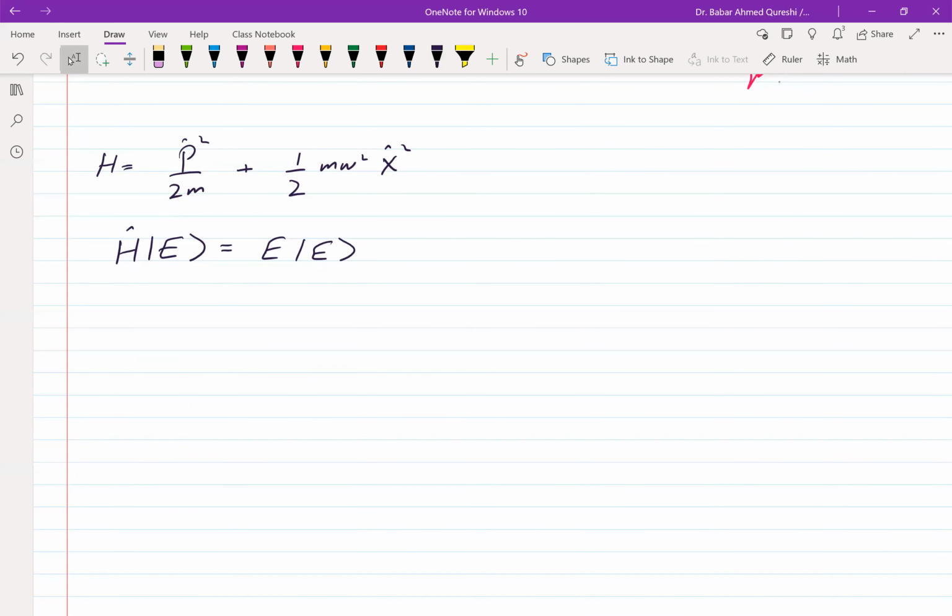Now, what I'm going to do is try to find out the spectrum, or solve this eigenvalue problem.